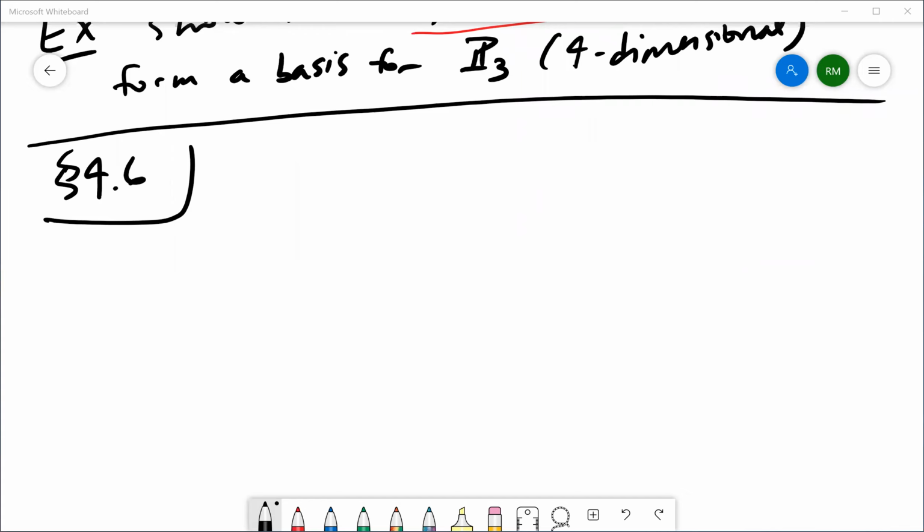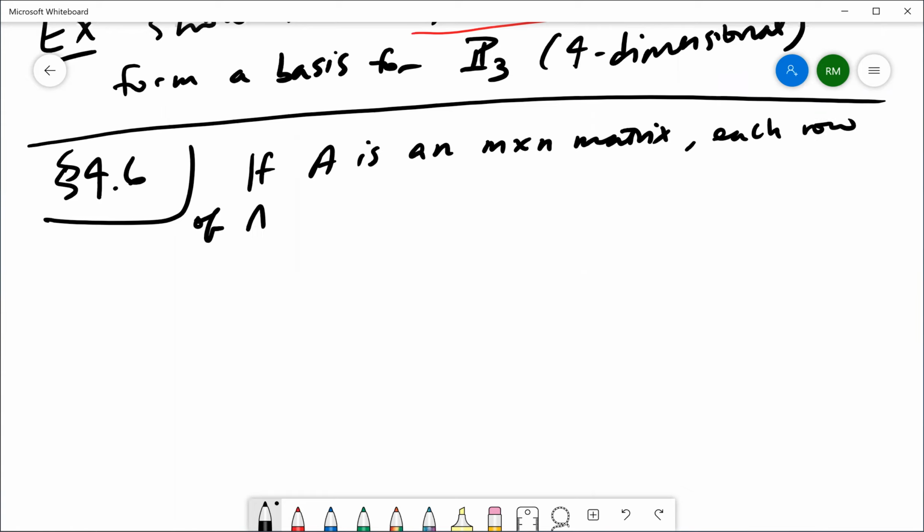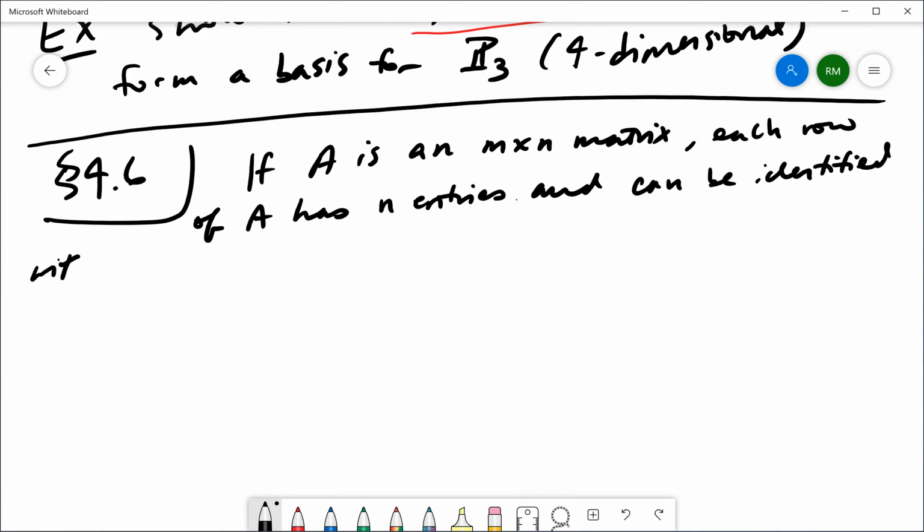So if A is an m by n matrix, each row of A has n entries and can be identified with a vector in R^n, because you have n real numbers.